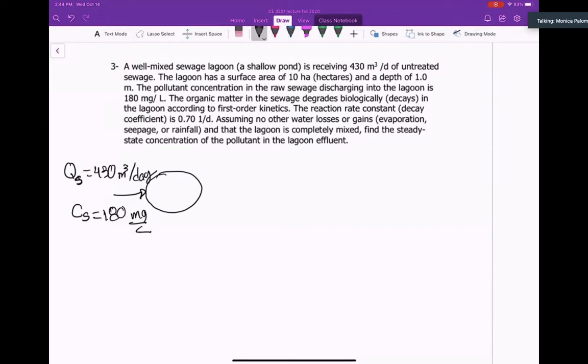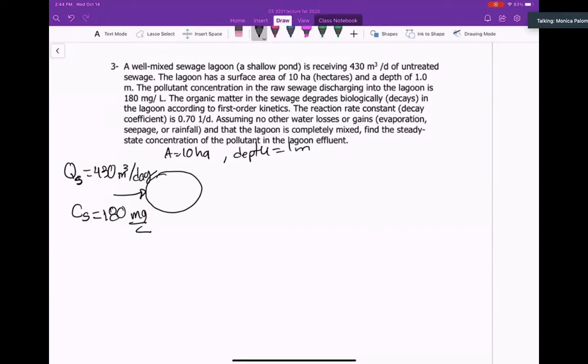We know the surface area is 10 hectares. It tells us the depth is 1 meter. And then something is happening in there.